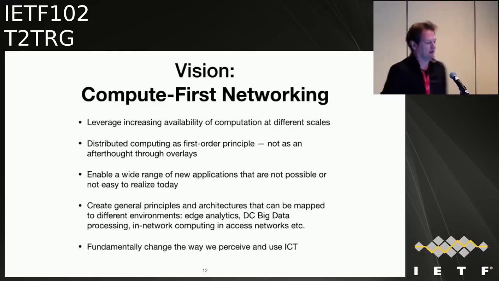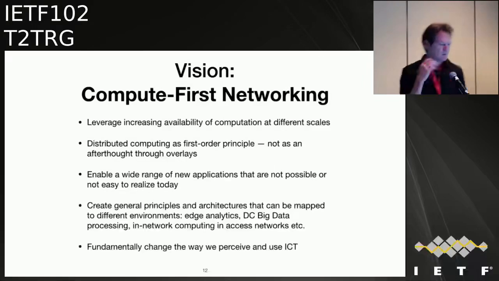Okay. So what we're working on, the working title for this, is Compute First Networking. We want to leverage this increasing availability of computation at different scales: virtualization, unikernels, mobile code. We think, okay, let's do distributed computing as a first-order principle.